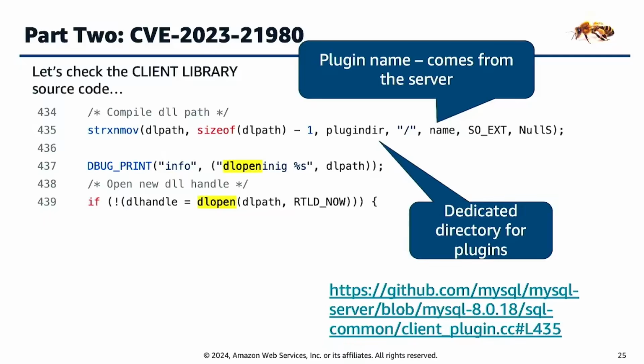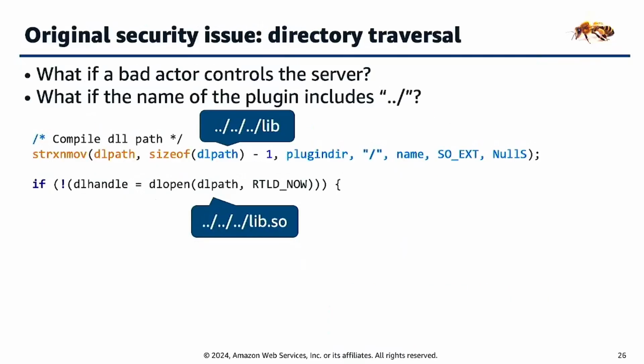But what if we use directory traversal? If we use a directory traversal, we can tell the client to load an arbitrary shared library, right? We can load that file from any directory.